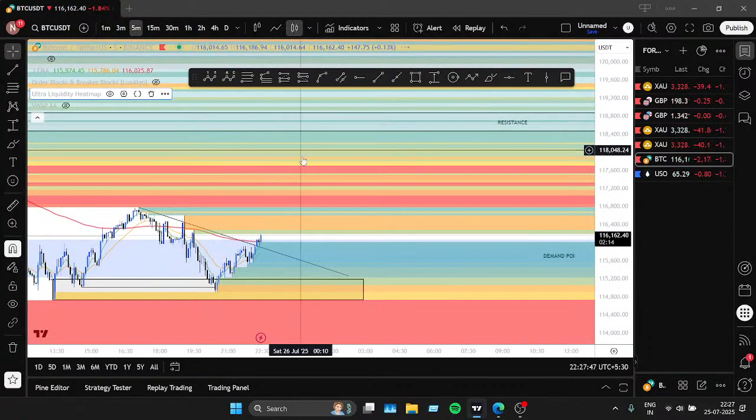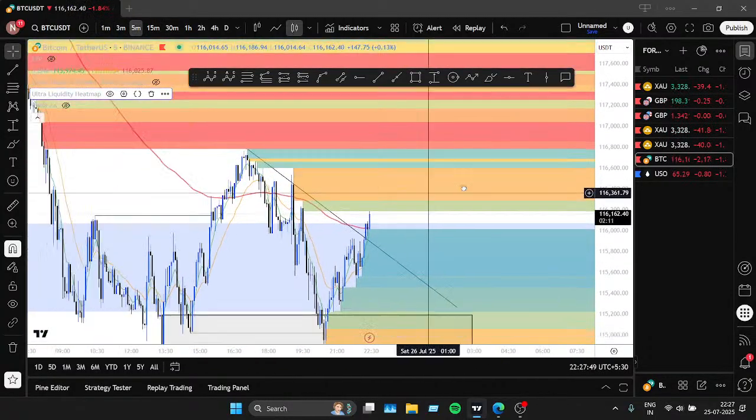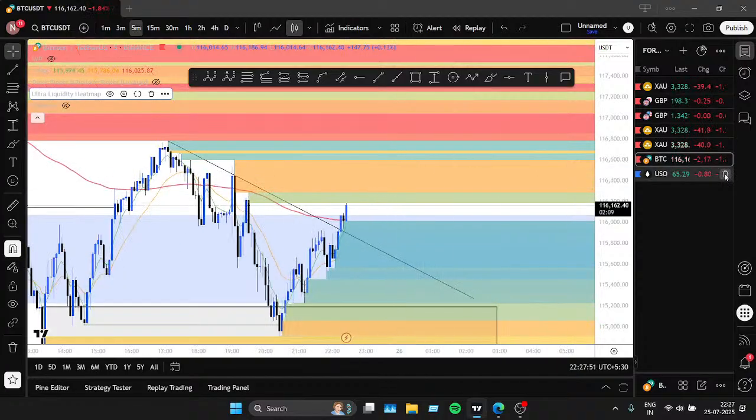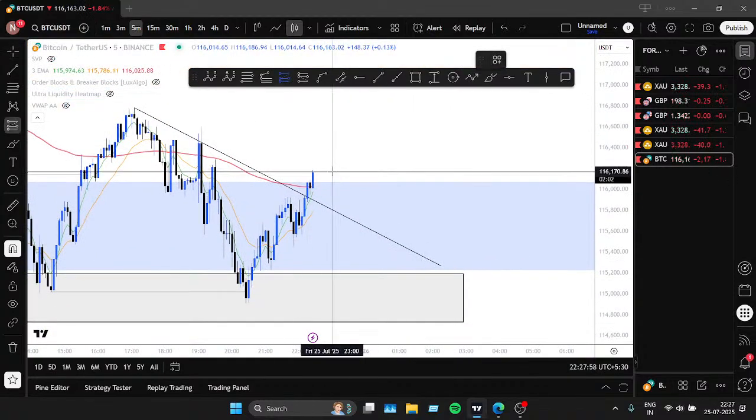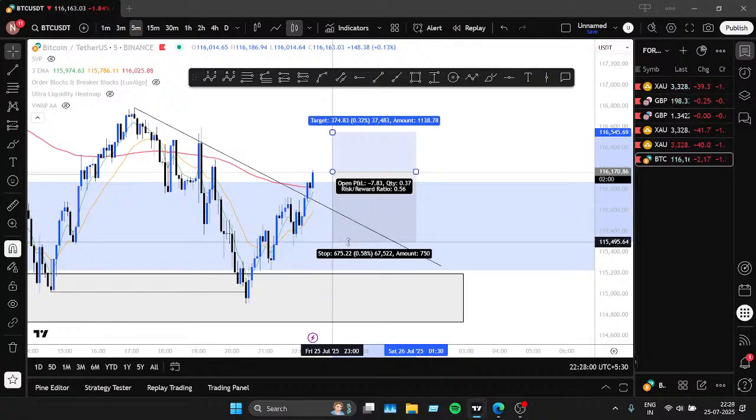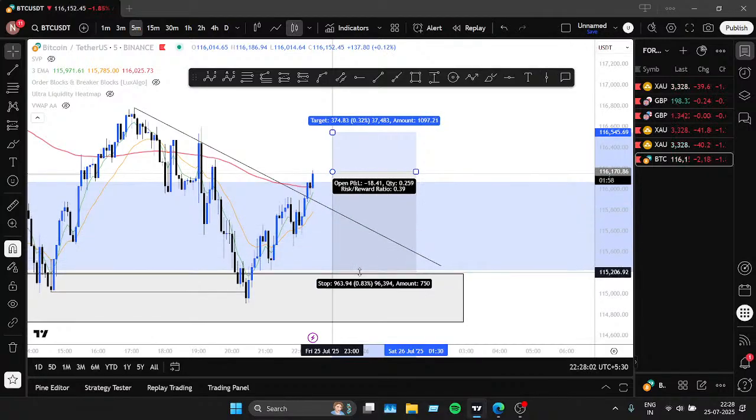Okay, there's a clean good breakout. If I put my stop loss, where would it be?